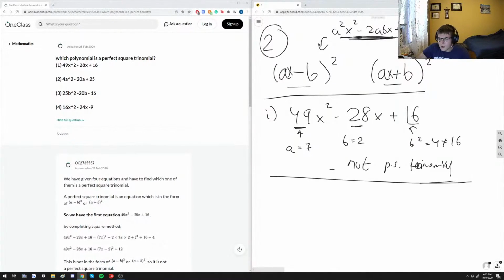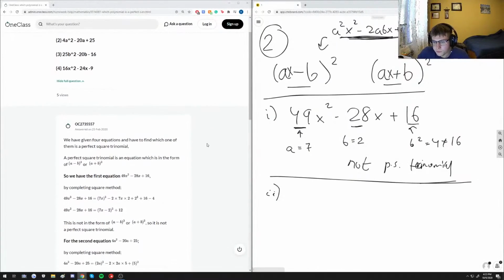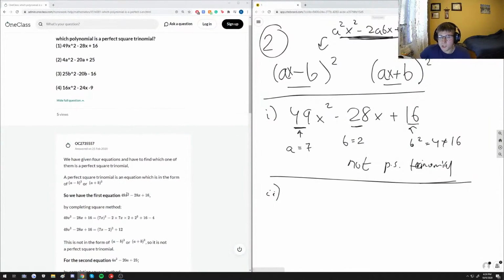Okay? So it went against our assumption. So that means our assumption was false, and therefore it can't be factored into a perfect square trinomial. And this written answer also says the same thing.